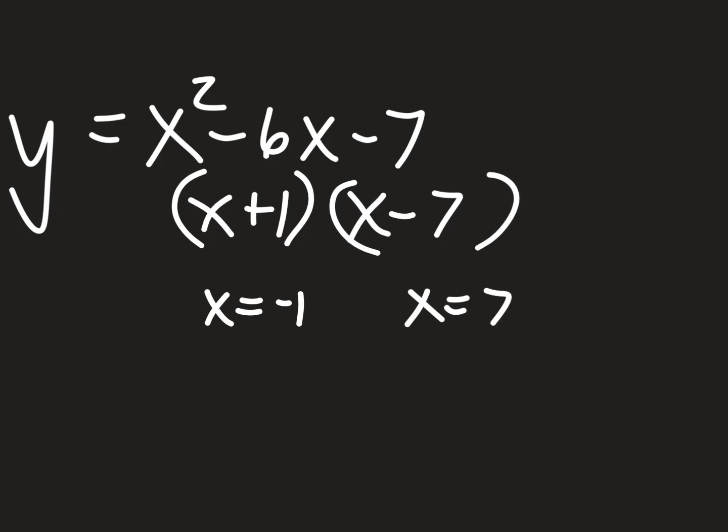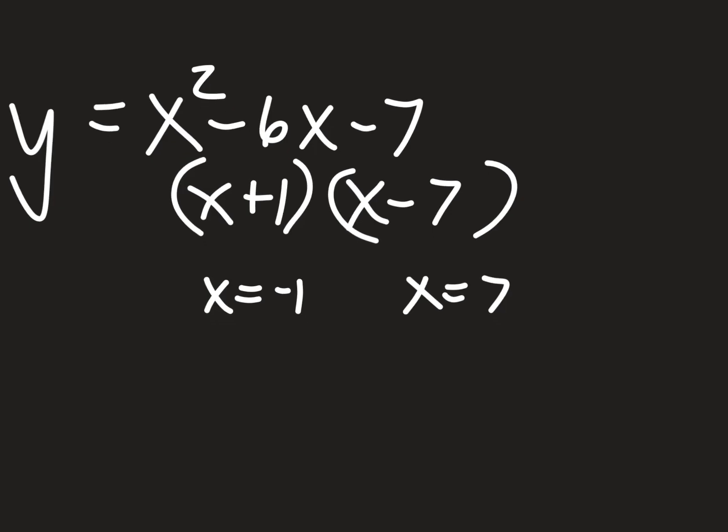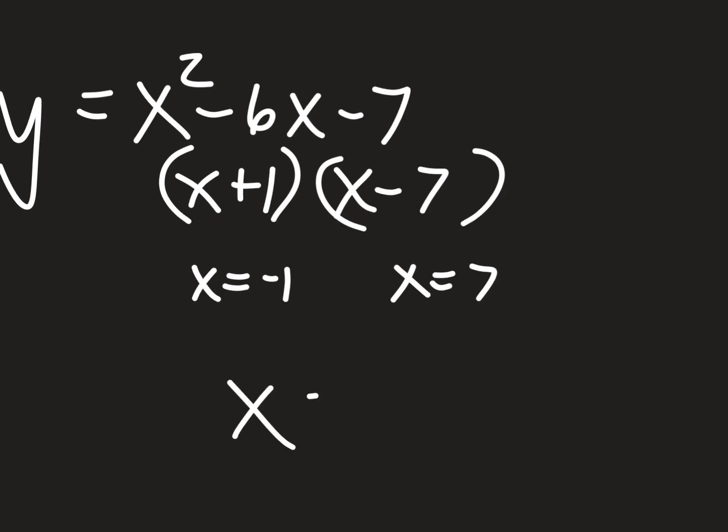Who got the quadratic formula to give you those 2 answers? That's even more impressive because that's way harder. The quadratic formula is x equals negative b. What's negative b in this case? Negative of negative 6.